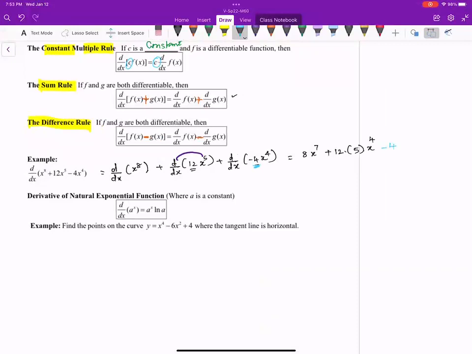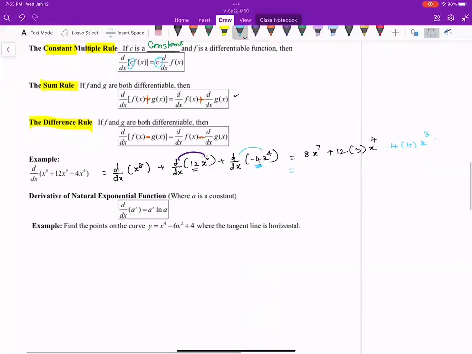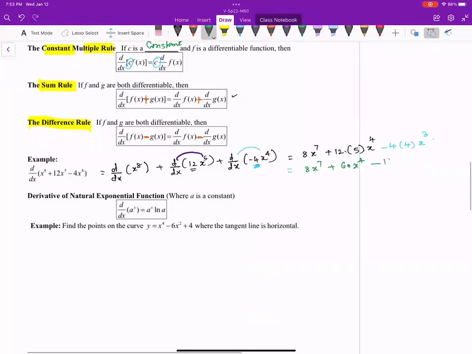Apply the derivative of x to the power 4, which is 4x to the power 4 minus 1. So the final answer is 8x to the power 7 plus 60x to the power 4 minus 16x cubed.